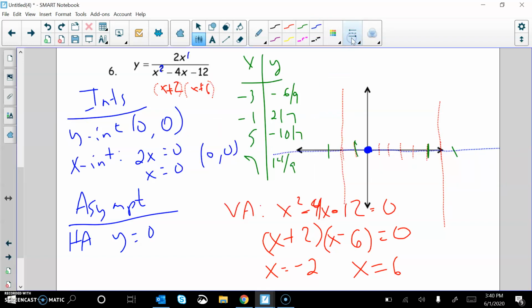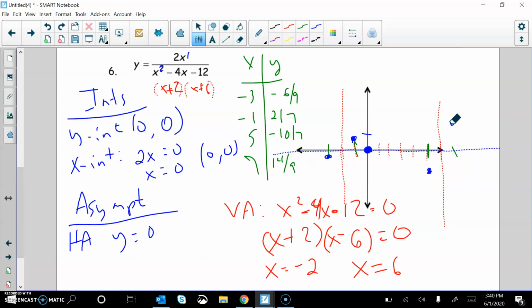I calculated them off to the side. So -3, -2/3, we're here somewhere. -1, +2/7 here somewhere. Got that point there. +5, -10/7 down here somewhere. 7, 14/9 up here somewhere.